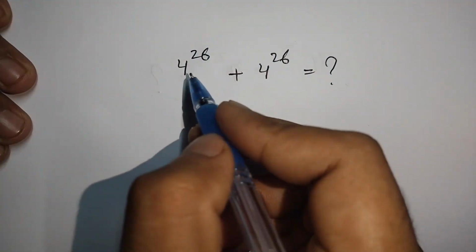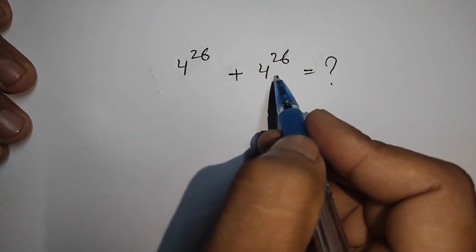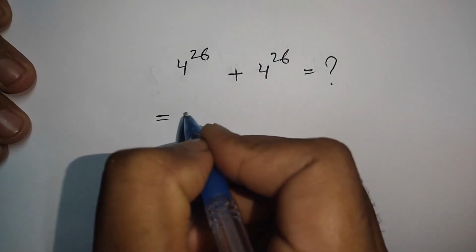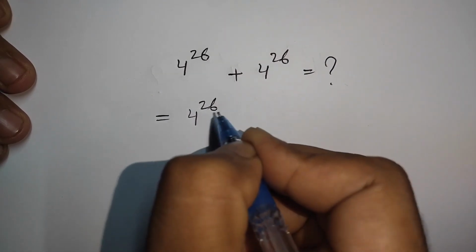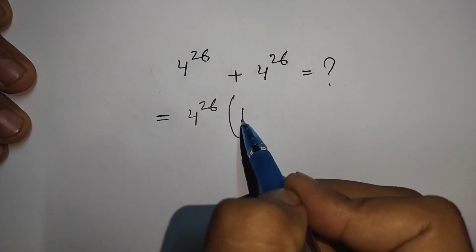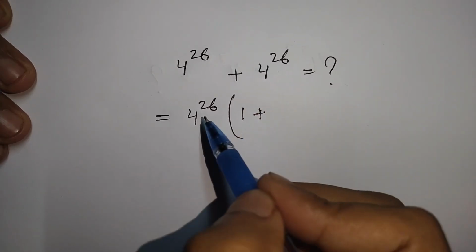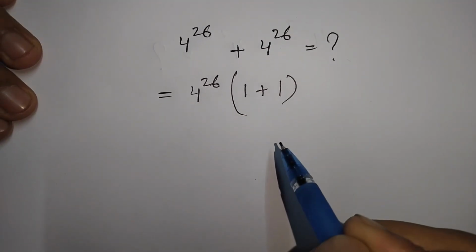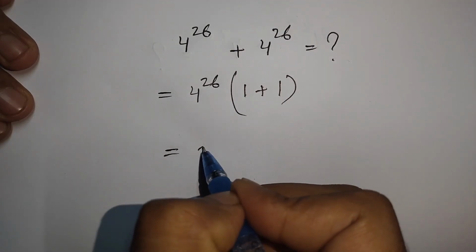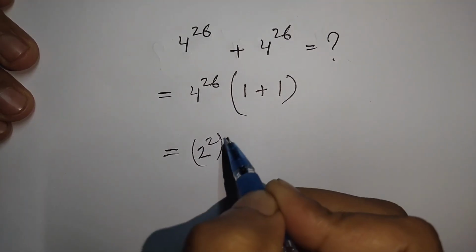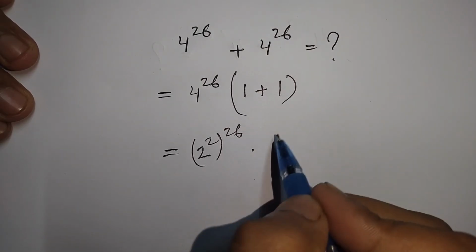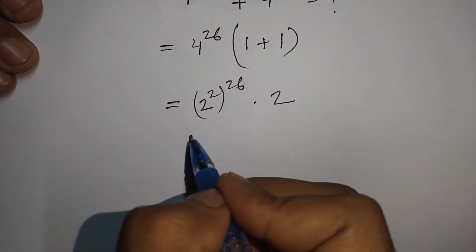How to solve 4 to the power 26 plus 4 to the power 26 is equal to what? At first we take common 4 to the power 26. First bracket start, this divided by this, that means 1, plus this divided by this, that means 1. Now 4 to the power 26 is the same as 2 to the power 2 bracket for 26 times 1 plus 1, that means 2.